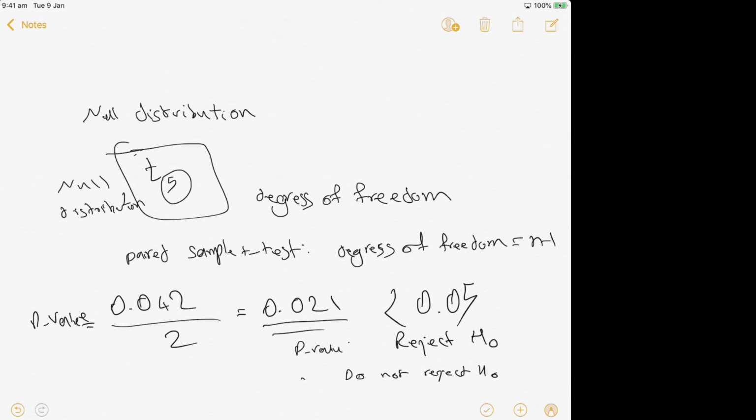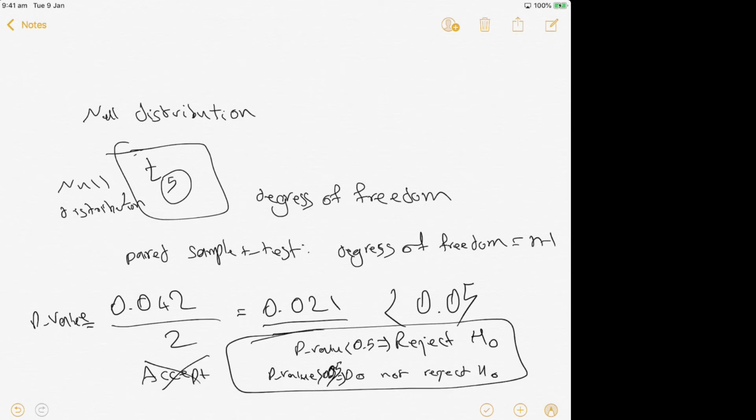But we never accept it. Don't use this term. To interpret it properly, either you reject it if the p-value is smaller than 0.05, or you do not reject it.